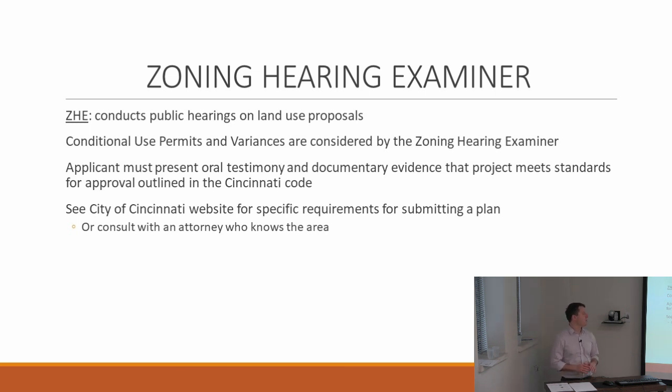I can advise you can find those on the City of Cincinnati's website. You might want to talk to a lawyer who knows about land use, who can tell you if you're asking for this kind of variance, you're going to need this kind of site plan, you're going to need this impact analysis. Here's everything you're going to need to put together your proposal. And it's going to be a package that's going to cover all the different areas of impact that a proposal will have.